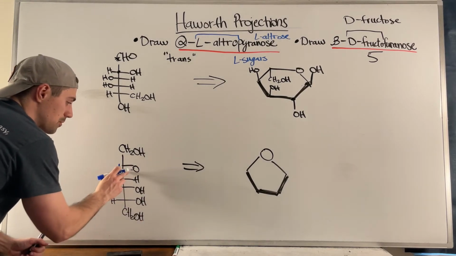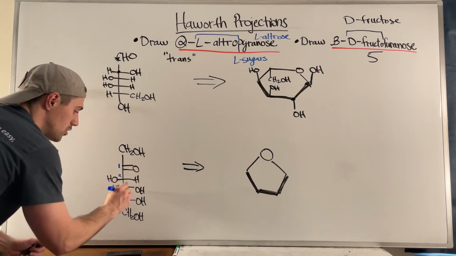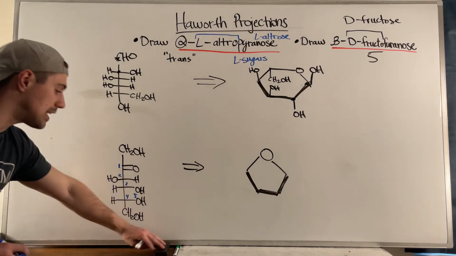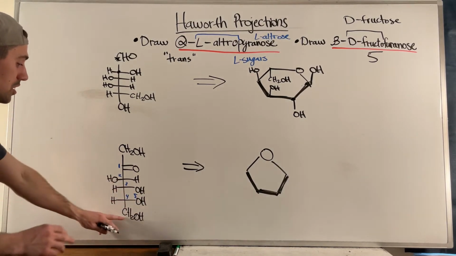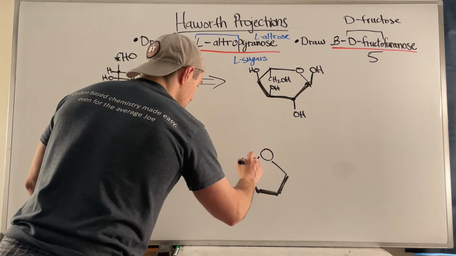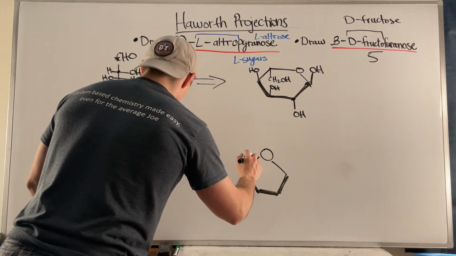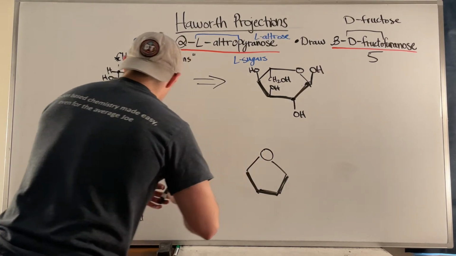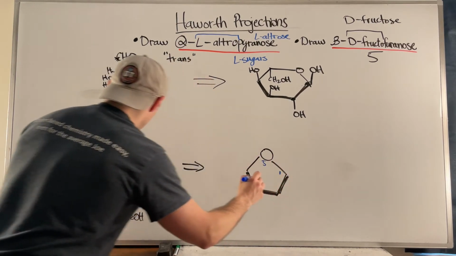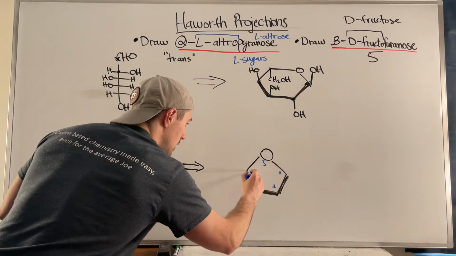Well, this is your anomeric carbon, and 2, 3, 4. But very similarly, you have your OH right there. Again, just to prove to you that at this position you will have a CH2OH, because if this is 5, then anomeric is 1, 2, 3, and then 4.